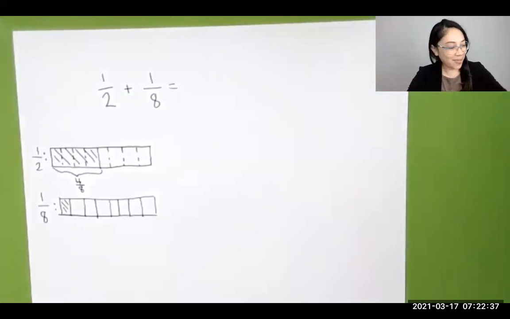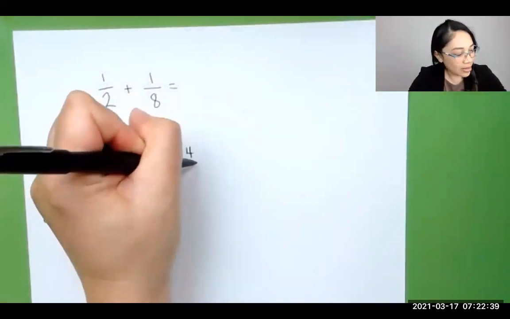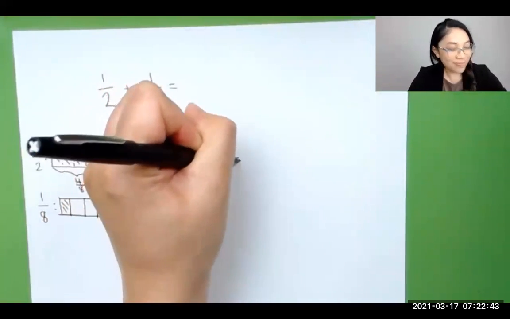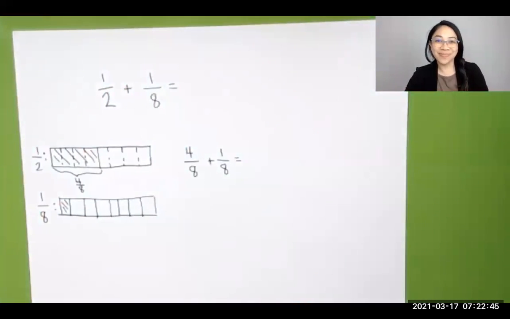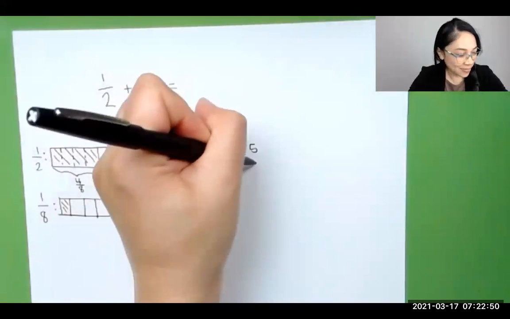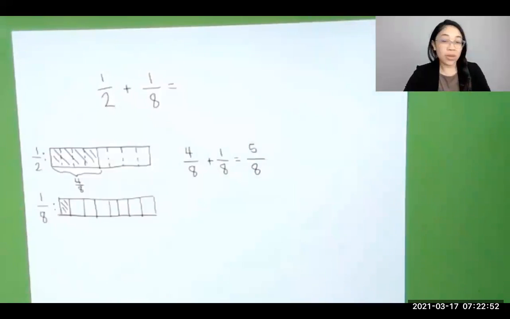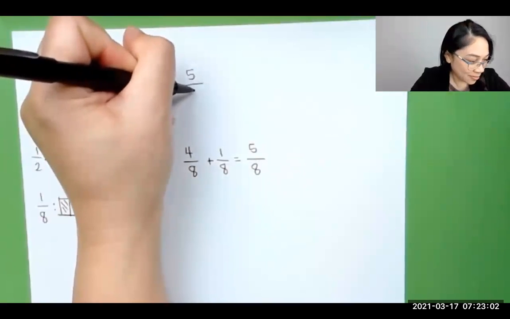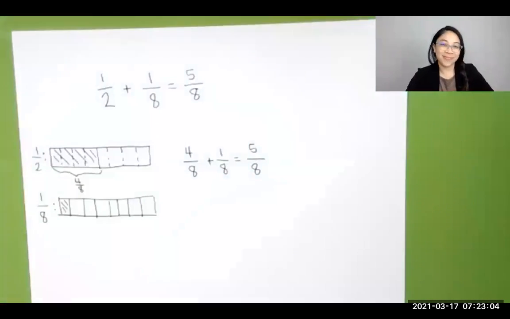Now we can add 4 8ths plus 1/8 equals 5 8ths. So 1/2 plus 1/8 equals 5/8. Great, let's keep going.